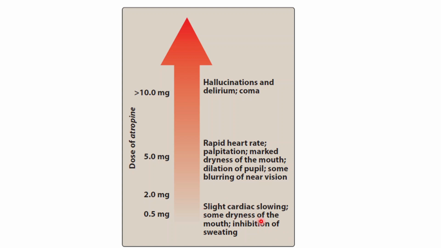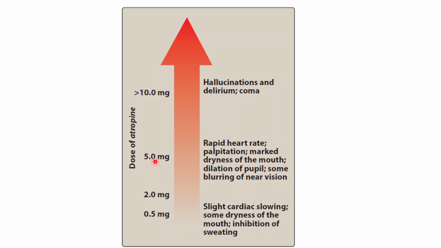Then some dryness of the mouth because of the inhibition of the parasympathetic nervous system, which will activate the sympathetic nervous system and also inhibit sweating. So these are the classic parasympathetic system inhibition or sympathetic nervous system activation, except for bradycardia, because bradycardia is because of the direct action on the heart.